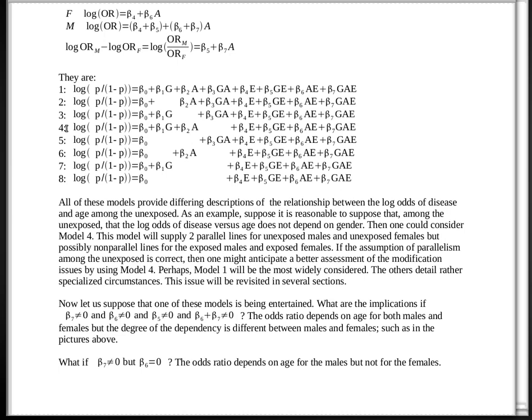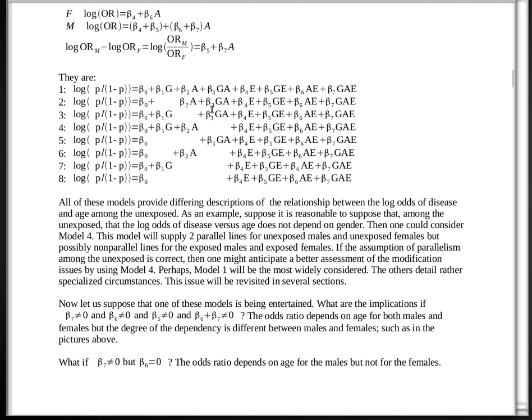For the unexposed, we have two parallel lines. One line for the unexposed males and one line for the unexposed females. Okay? Notice with equation 4, with E equals 0, meaning unexposed, we simply get two parallel lines.